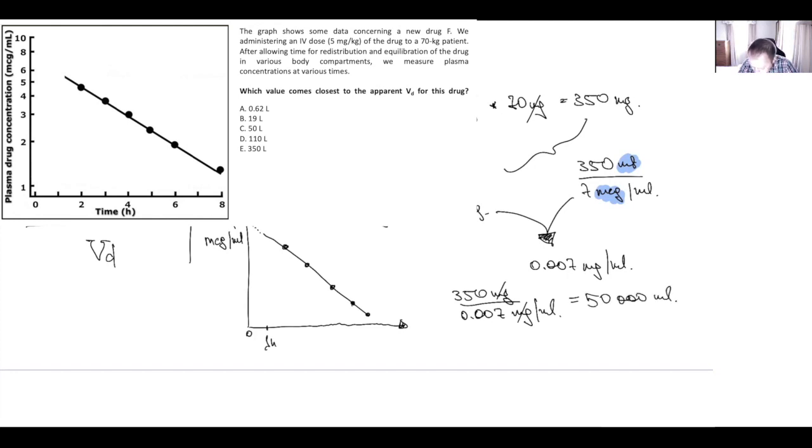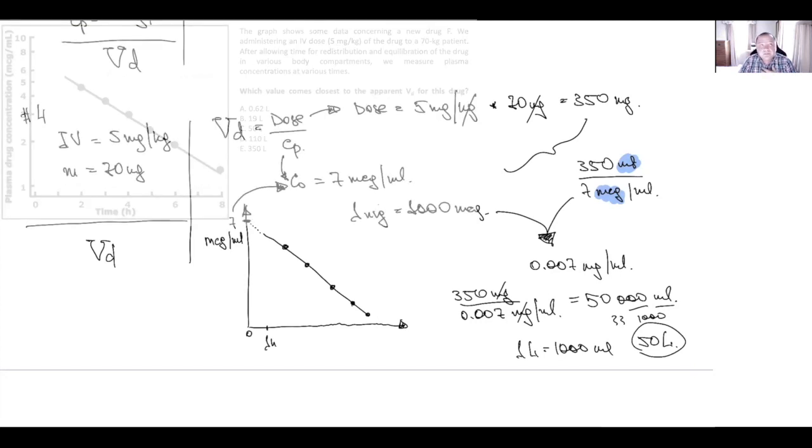50,000 milliliters. We do not have such an answer, but we have 50 liters, and actually we can convert milliliters to liters, right? Because 1 liter is 1,000 milliliters. So divide by 1,000 and we will have 50 liters, and 50 liters is the right answer for this question.